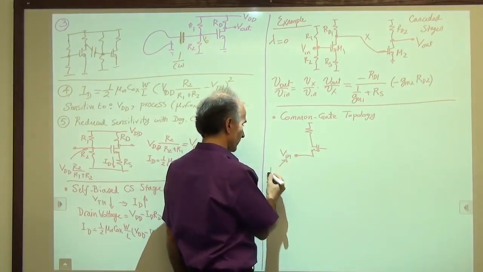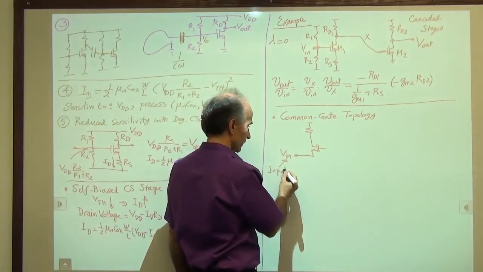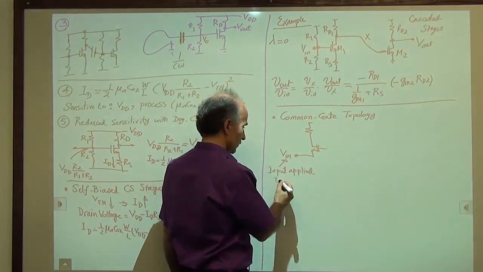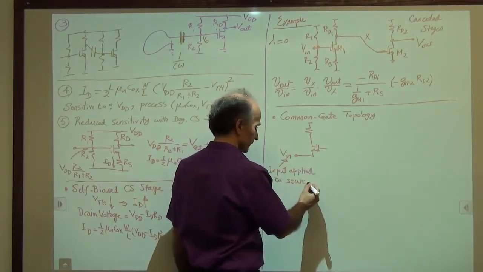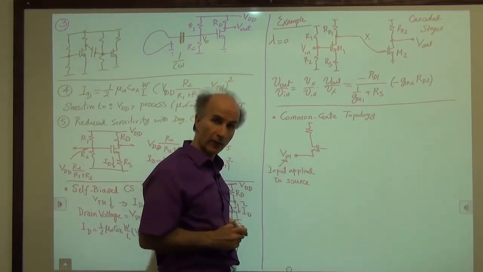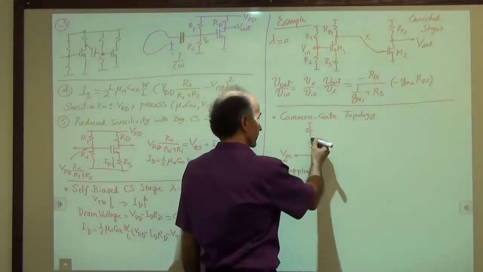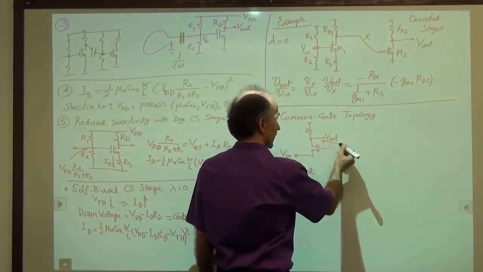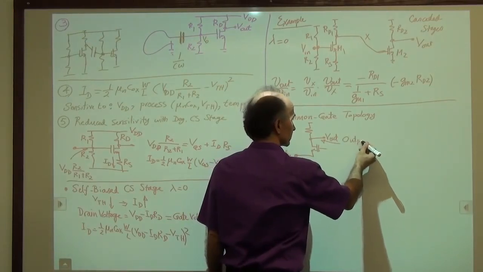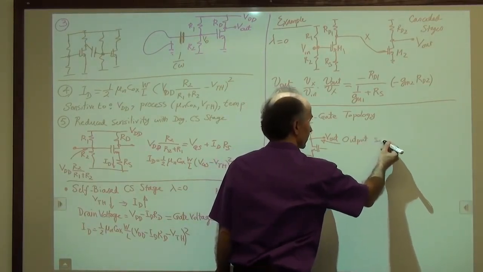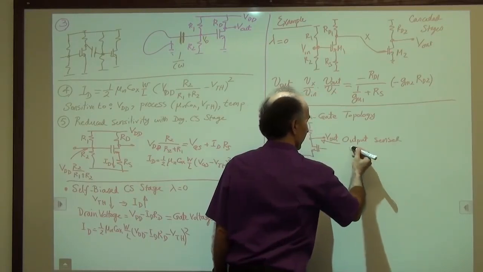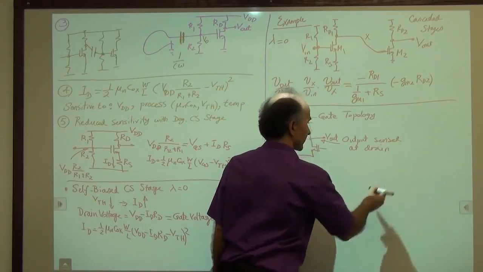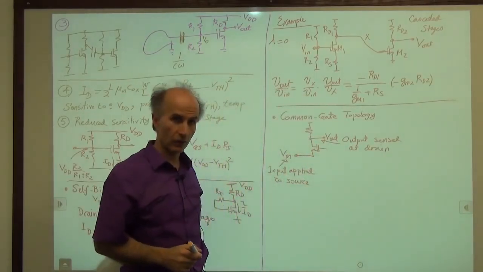So we define it as input applied to source, and the output is taken at the drain of the device, like in the previous case. So the output is here with respect to ground. So we say output sensed or taken at the drain. That is the definition of a common gate stage.